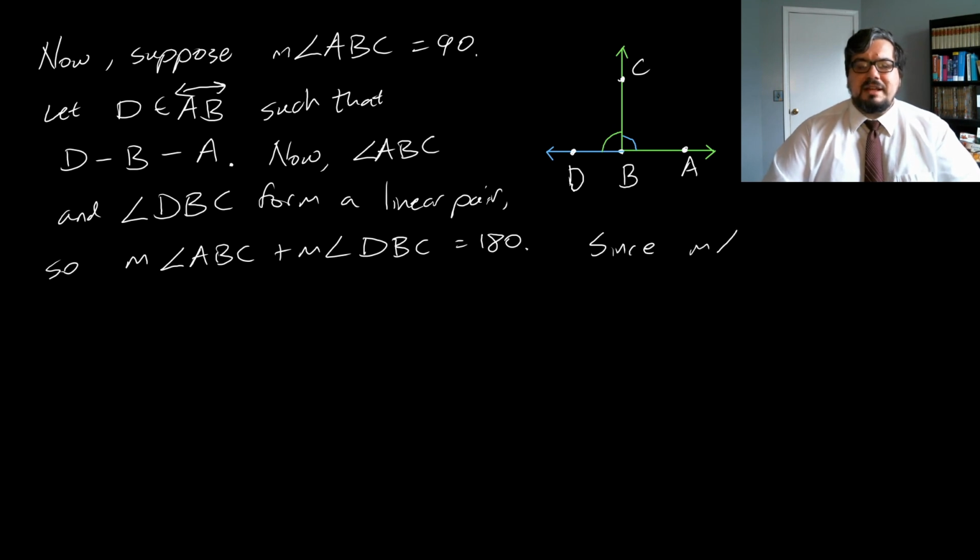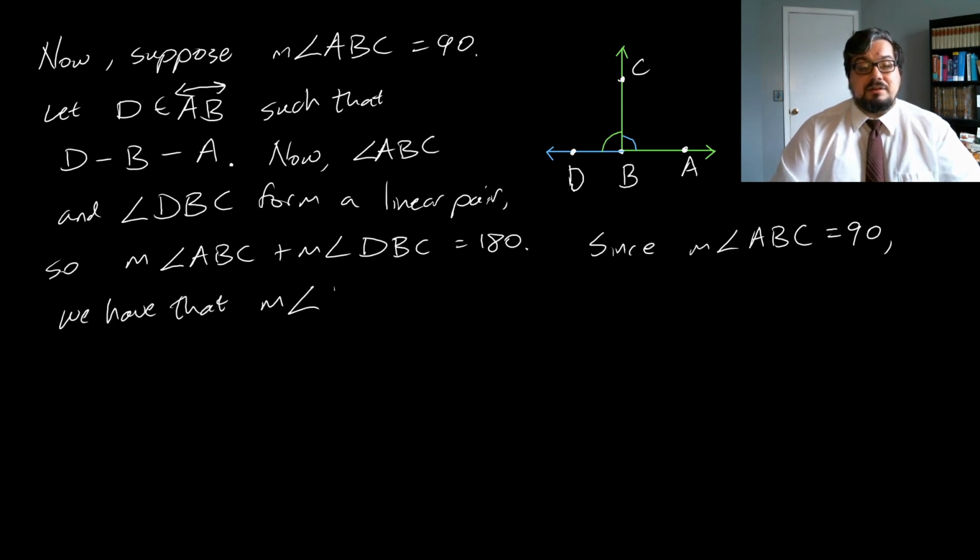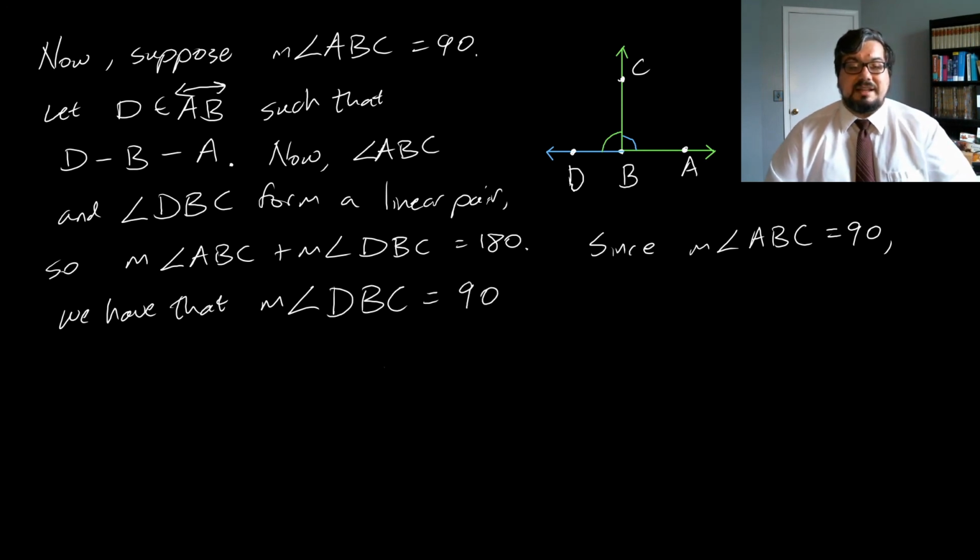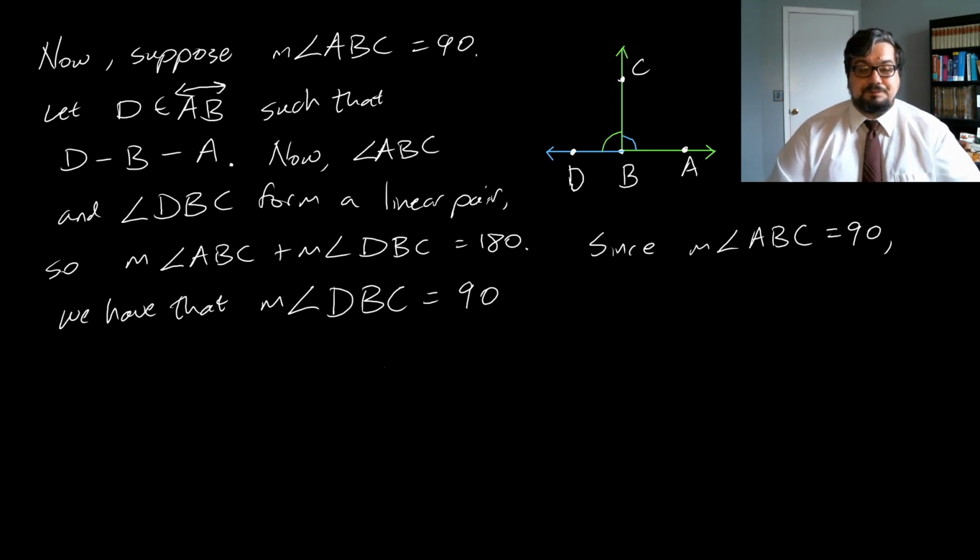Now, we assumed at the beginning of this step that the measure of angle ABC is equal to 90. And so if the measure of angle ABC is 90, we have that the measure of angle DBC is also equal to 90 because we could just subtract 90 from both sides of the equation above.